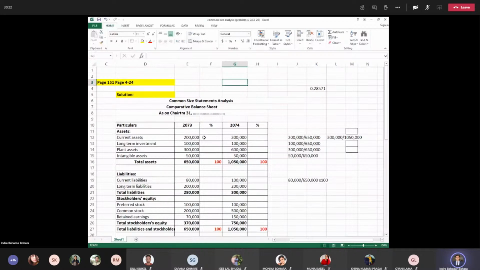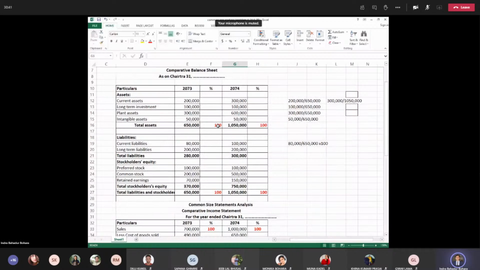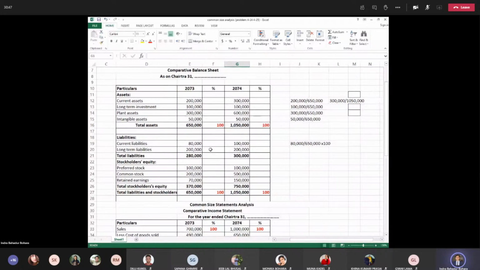As on Chaitra 31st, 2073 and 2074, we write in the columns. For particulars, 2073 and 2074 and percentage, we calculate the percentage of each and every component, assuming 100% for total assets. That means 100% is total liabilities and stockholders' equity in the balance sheet.